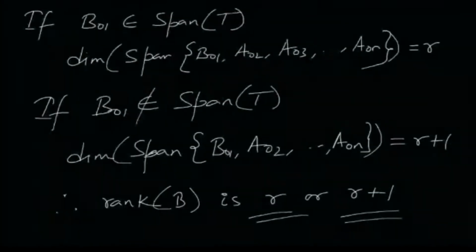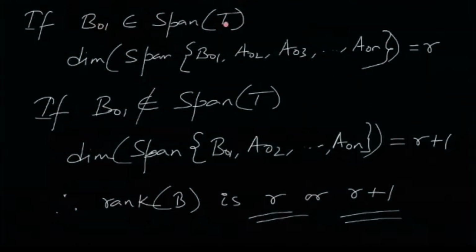So if B01 belongs to the span of T, then obviously again it brings nothing new to the table, and hence the union of T and this particular vector is still the same subspace, and the dimension is again going to be R. Now if B01 doesn't belong to the span of T, then this union is something interesting.